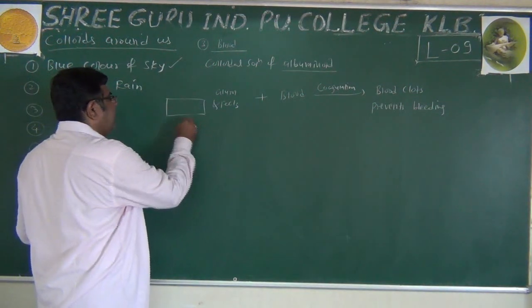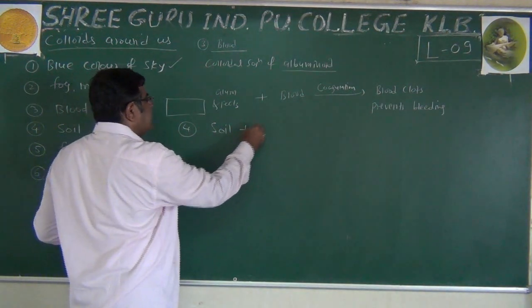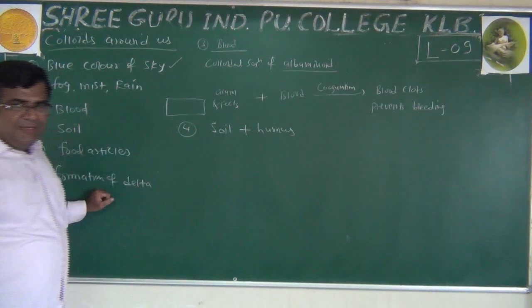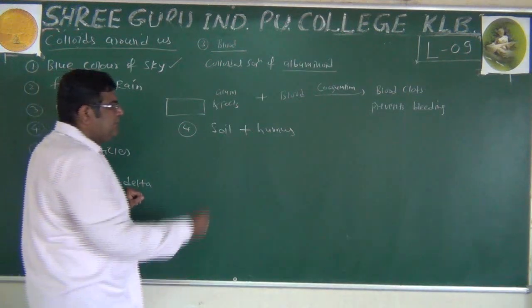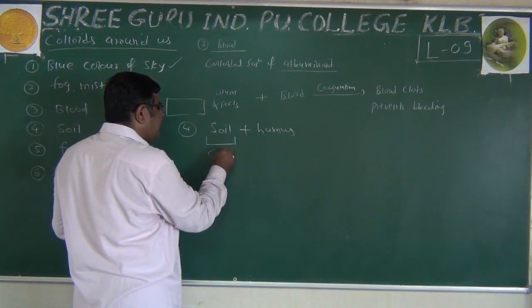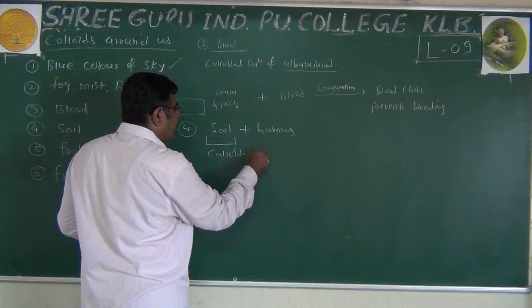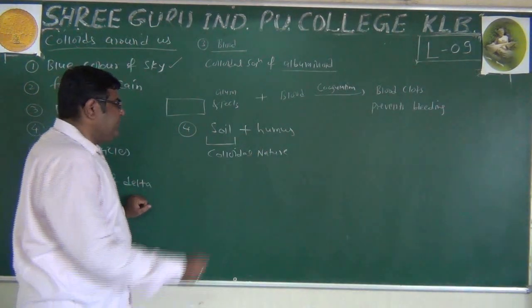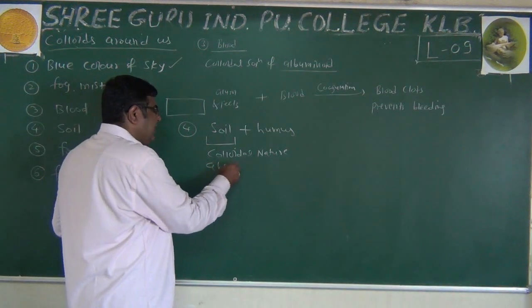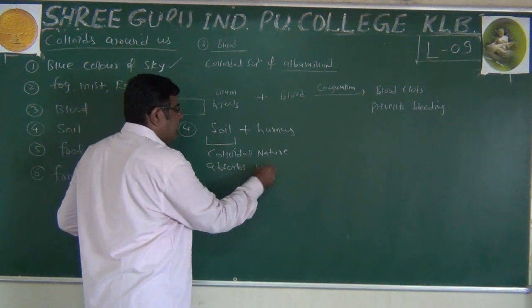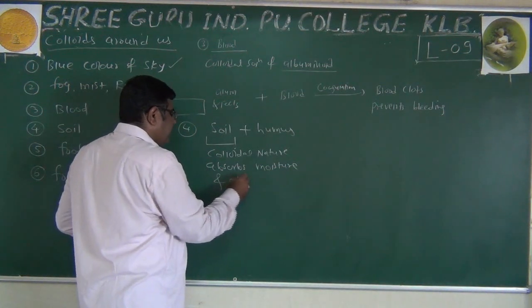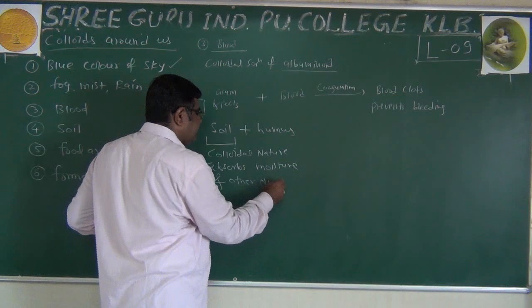Then the fourth one: the soil is present with humus, which is formed by decay of plants and animals. The soil is of colloidal nature, and because of its colloidal nature, it absorbs moisture and other nutrients.